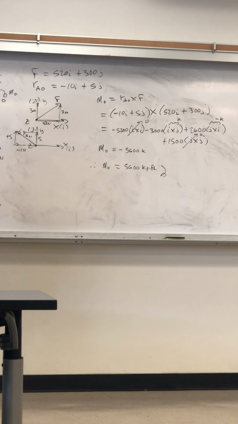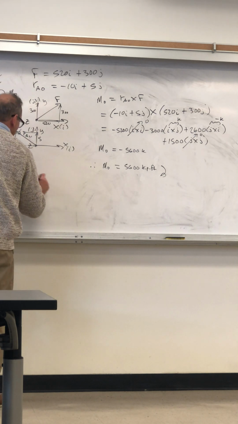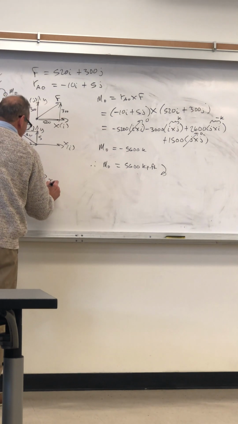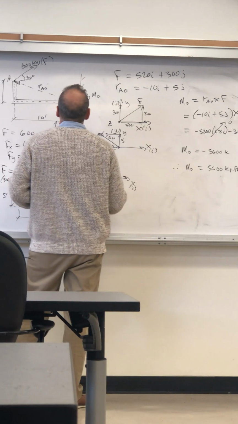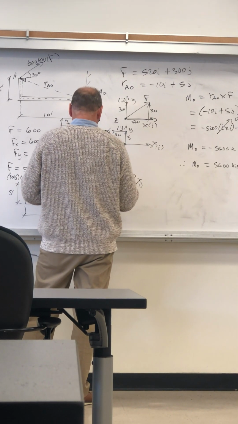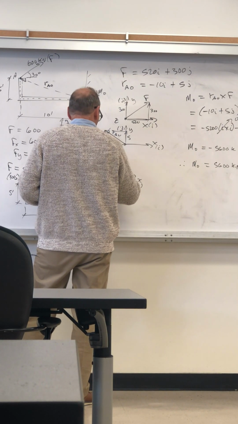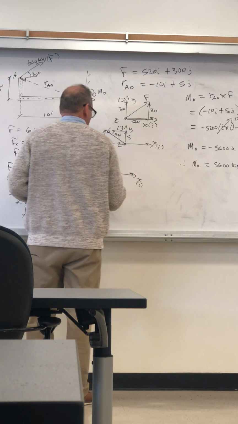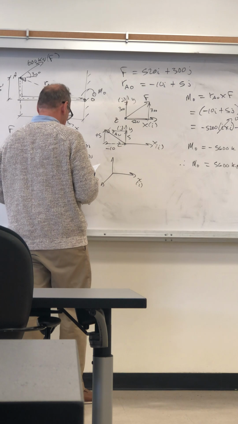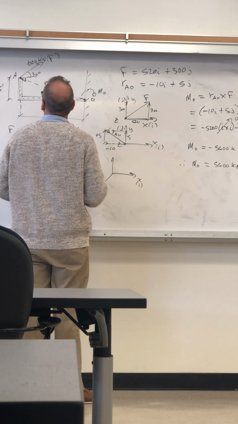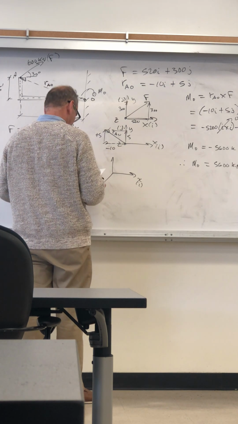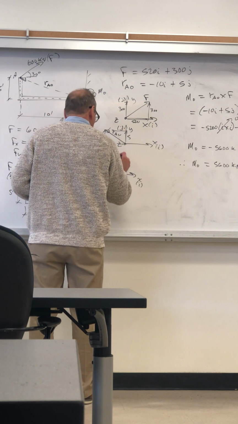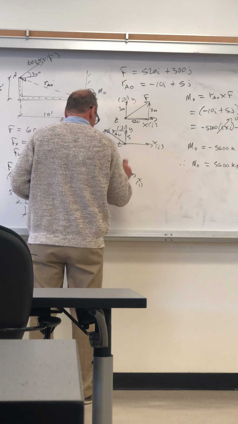Like that. And the way you know it's that direction is, let's draw this point here. There's X, which is our I. And we have our Y and our Z. Y is our J.